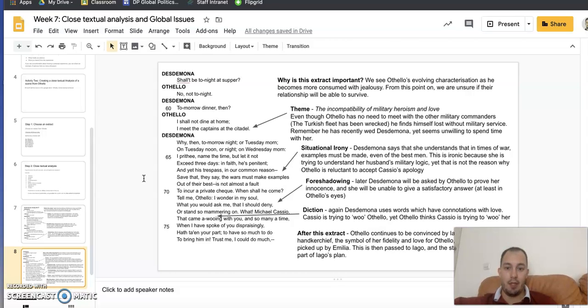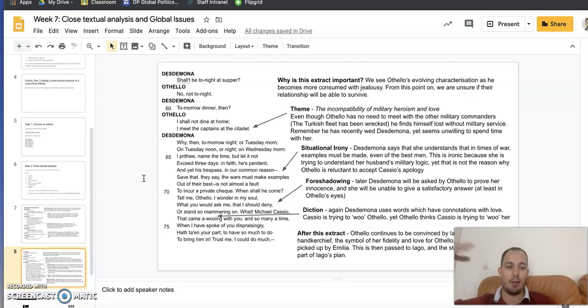And then you have this great situational irony, because Desdemona later, when she's talking about how Michael Cassio is so sorry for what he's done, she says, but I do understand how, in times of war, examples must be made even of the best men. And this is really ironic, because she's trying to understand her husband's military logic about why is my husband being so harsh on Michael Cassio.